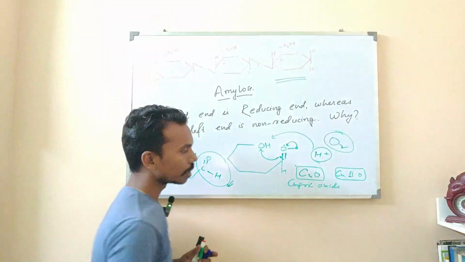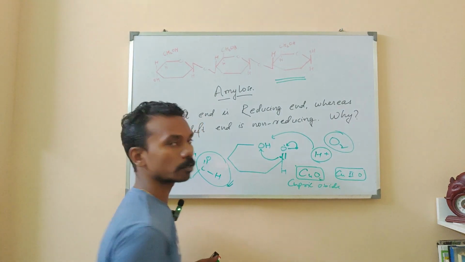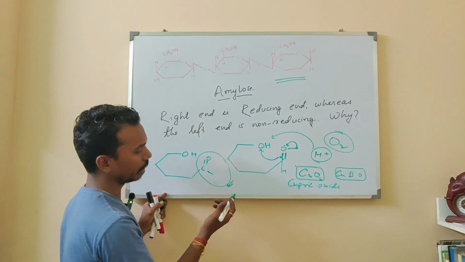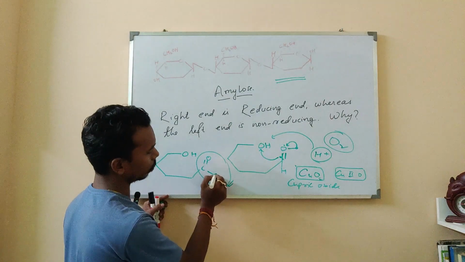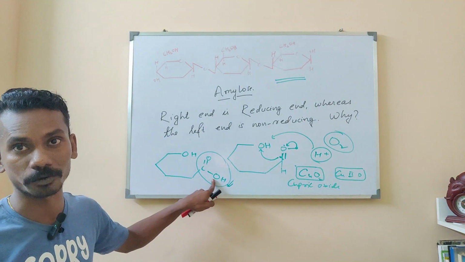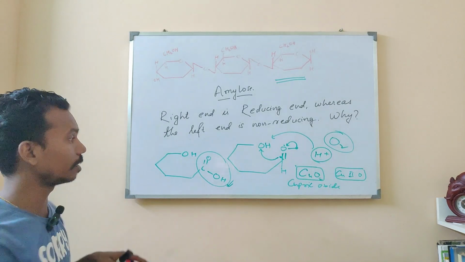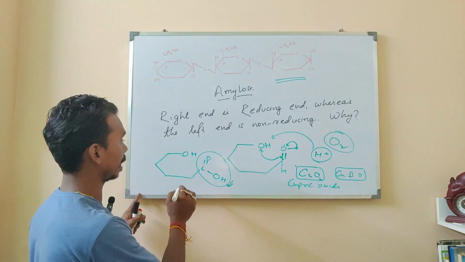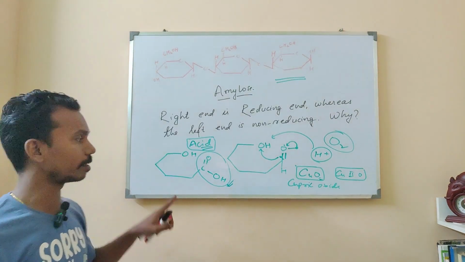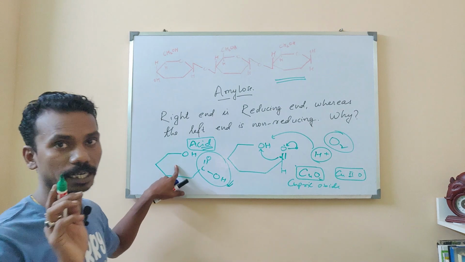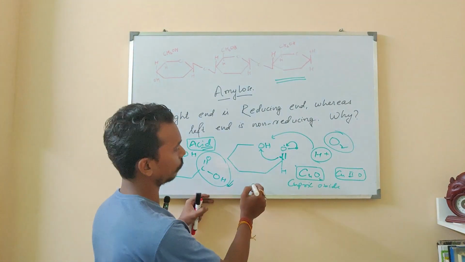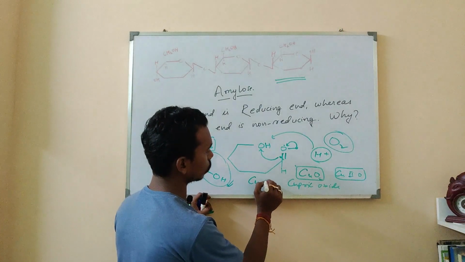This cupric oxide has an oxygen atom with it. This oxygen atom will be engulfed by this carbon atom, and this carbon atom will have an extra hydroxyl group instead of only hydrogen, and this aldehyde group has become an acid group now. That is why you can say that this glucose molecule has been oxidized from aldehyde to acid group, and this cupric oxide has now become cuprous oxide.